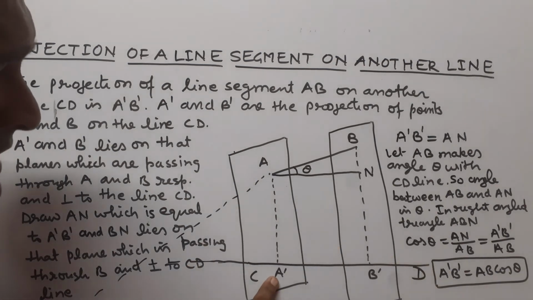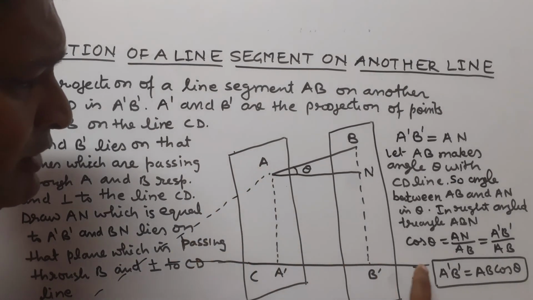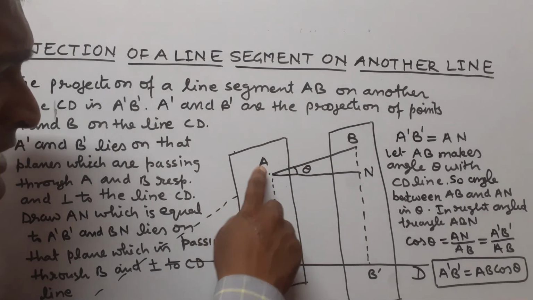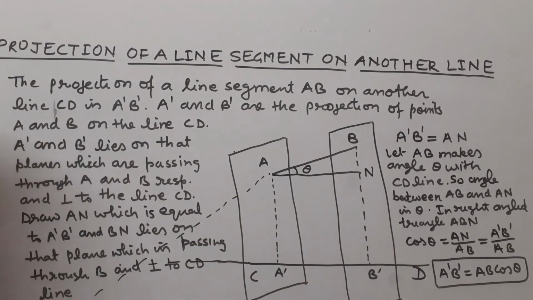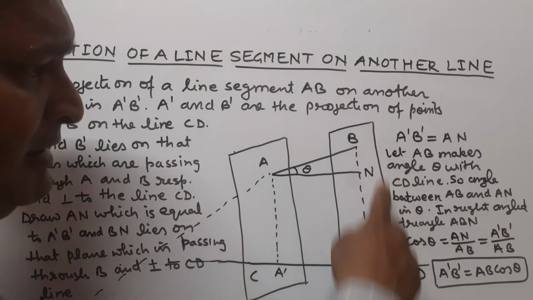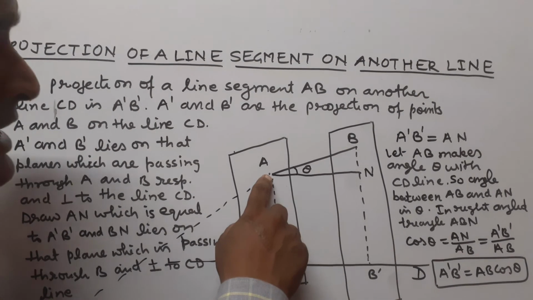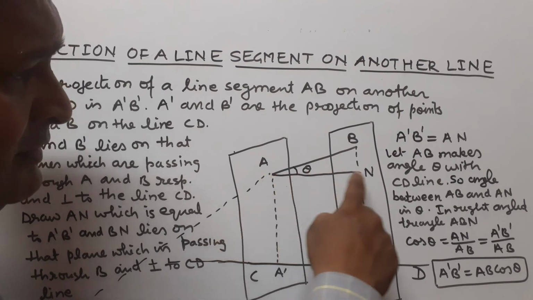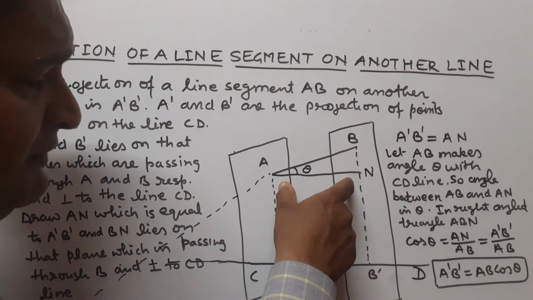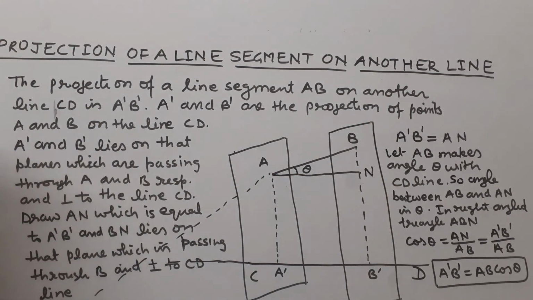Here A dash lies on that plane which is passing through point A and perpendicular to CD. Here B dash also lies on that plane which is passing through point B and perpendicular to the line CD. Now we draw AN from A. We draw AN perpendicular to B dash.